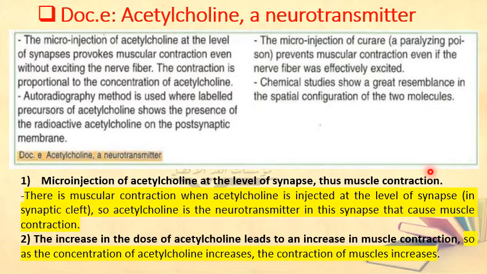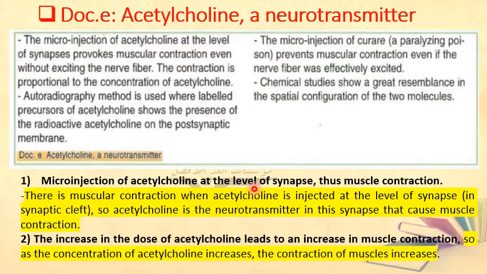How can you explain this? It's very simple. This means that acetylcholine moved from the synaptic cleft and bound to the receptors of the postsynaptic neuron, and once they bind, the message is received and it causes muscle contraction. So what can you conclude from such an experiment? Can acetylcholine work at the level of synapse, in the synaptic cleft?